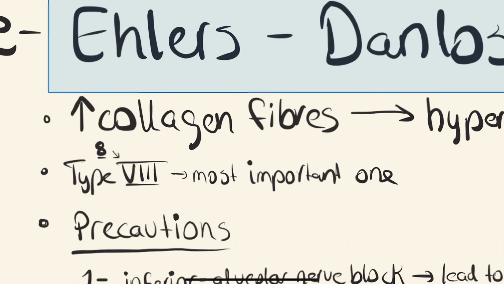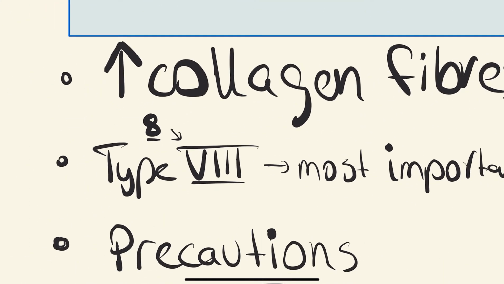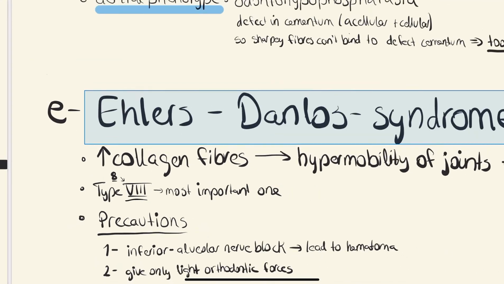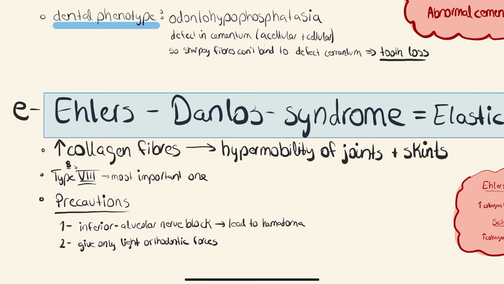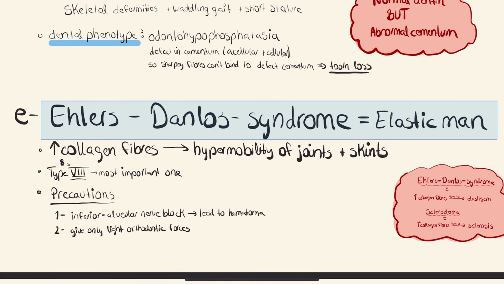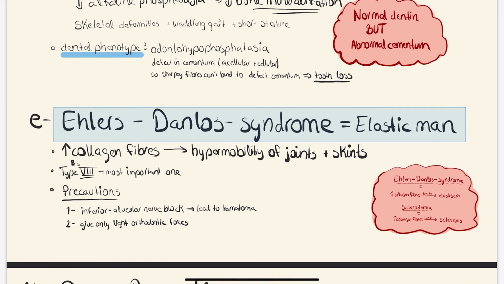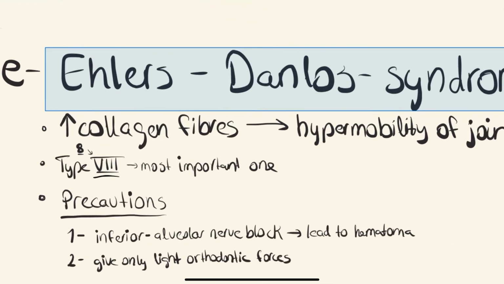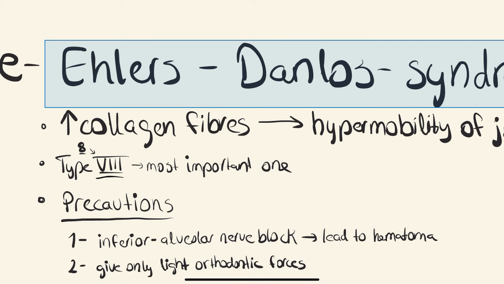I just wrote the type 8 here. There are many types, but for dentistry, like in dental school, they concentrate on one. I think at my university they concentrate on the type 8 Ehlers-Danlos syndrome.